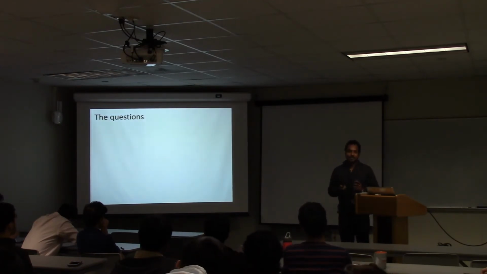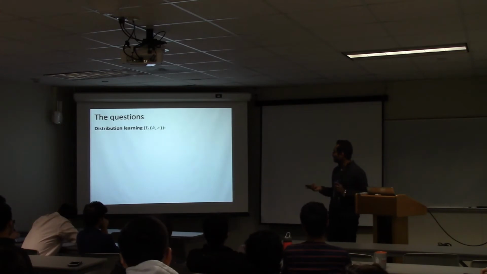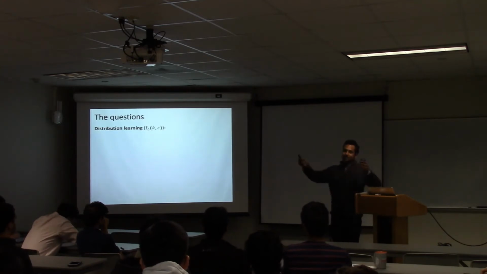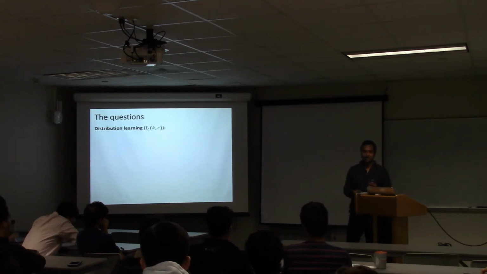What are the questions that we'll study in this talk? The first is going to be denoted by I_L, L for learning, where k will denote the domain size and epsilon will denote the accuracy. The problem is the following.